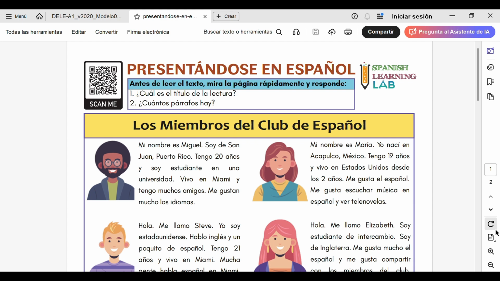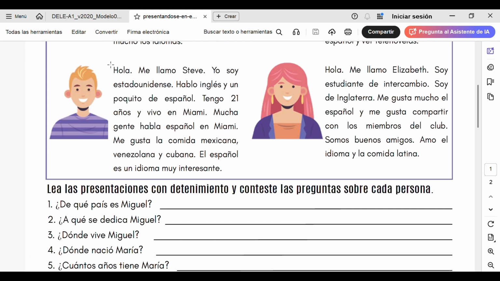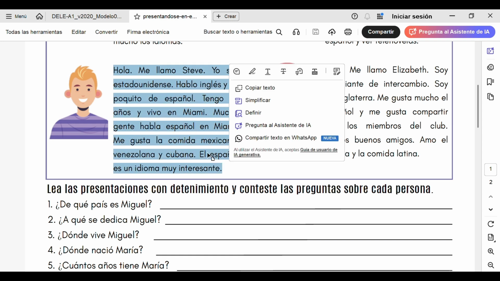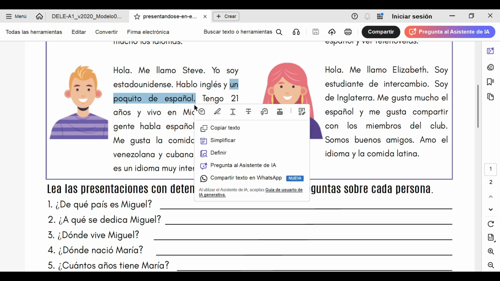So here, por ejemplo, Steve, él dice, hola, me llamo Steve, yo soy estadounidense, so from the US, hablo inglés y poquito de español. So this is going to be great that you say, poquito de español. Please write it down.